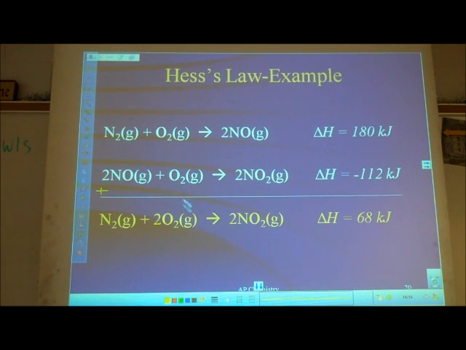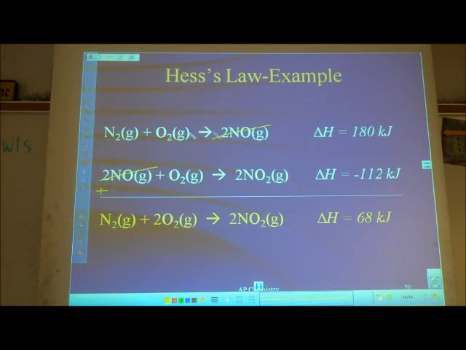What can I get rid of? Okay, 2NO. Anything else? Nope. When I add everything that's left over, this is my overall reaction. And I also add the heats together to get the overall change.